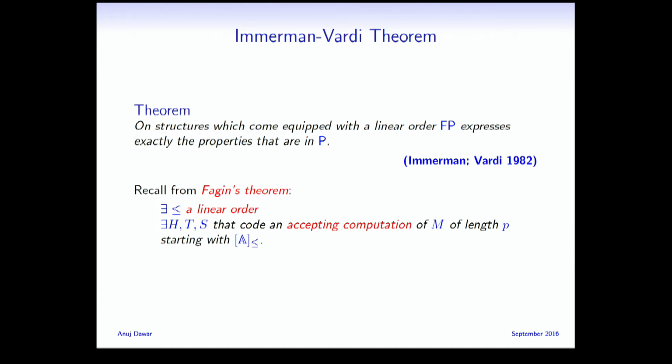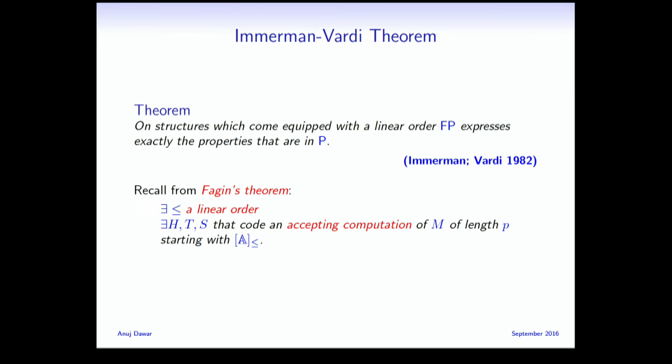So we can drop this. And then if the machine is deterministic, you can show that all the relations that code the computation can be defined inductively because there's a single computation. And the relations which represent it have a simple inductive definition. And so you get the translation into fixed point logic. Okay?